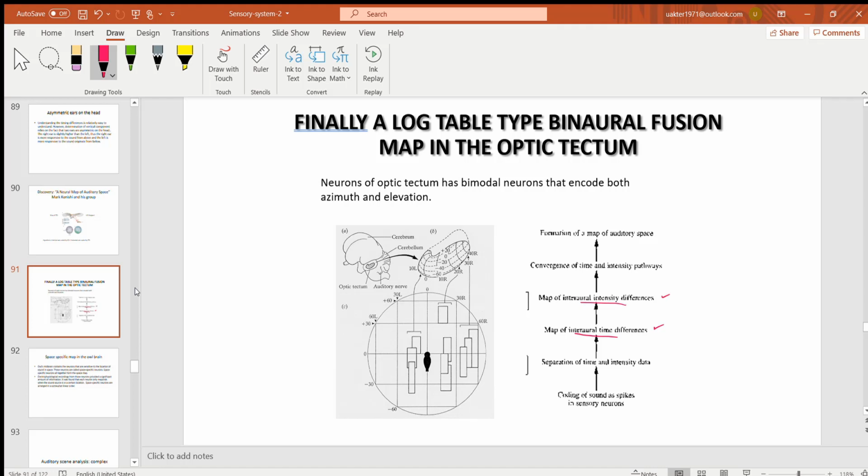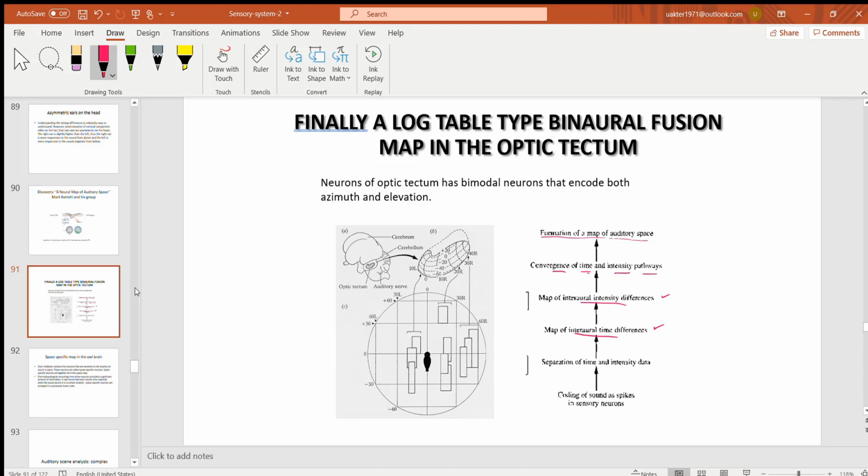Okay, and then as the signal goes up, they converge together. So time and intensity pathways join together and create a map of space. Combining those, it gives a map that has the neurons.